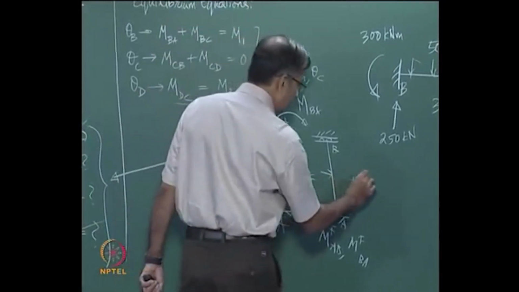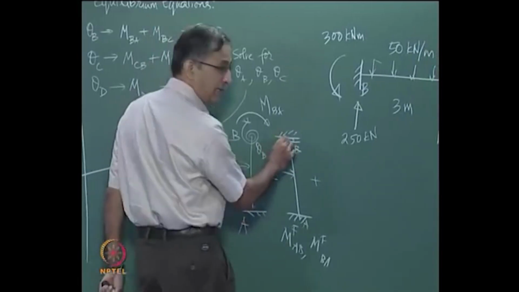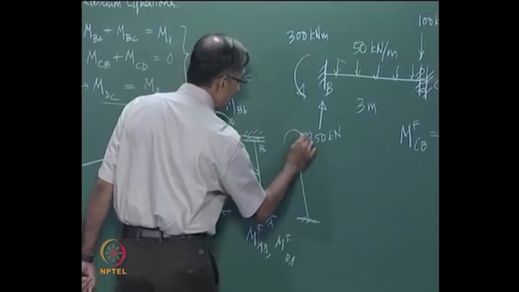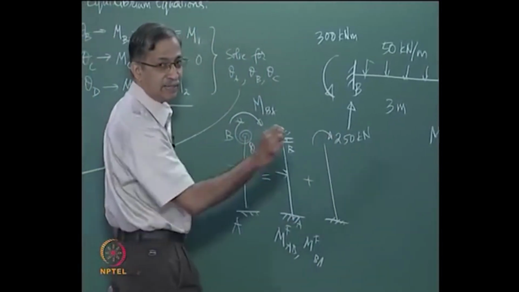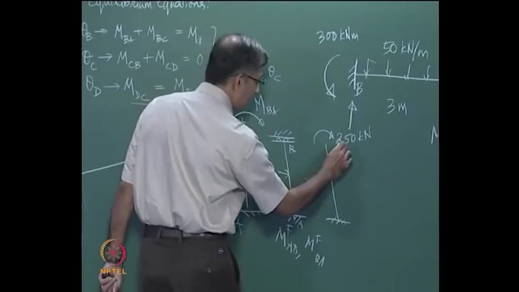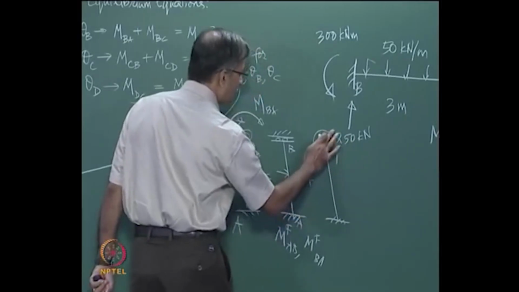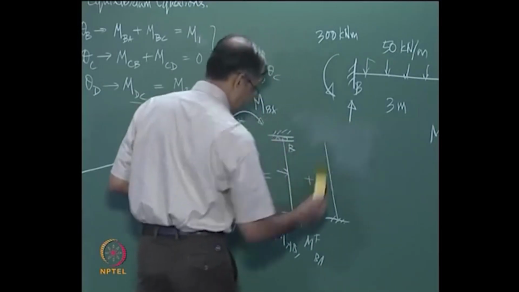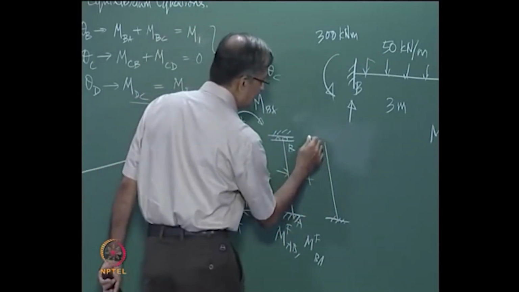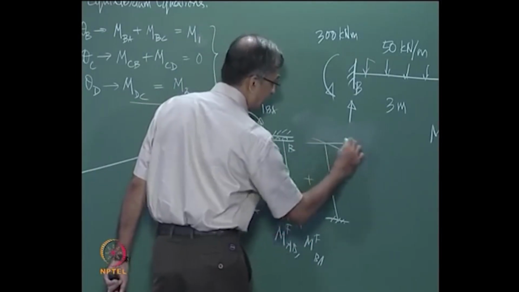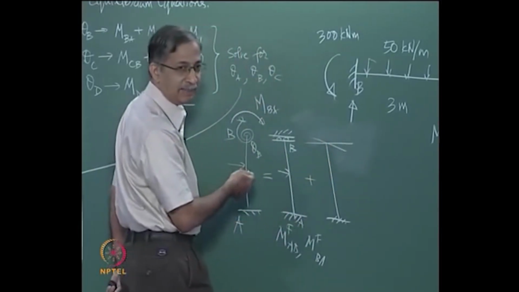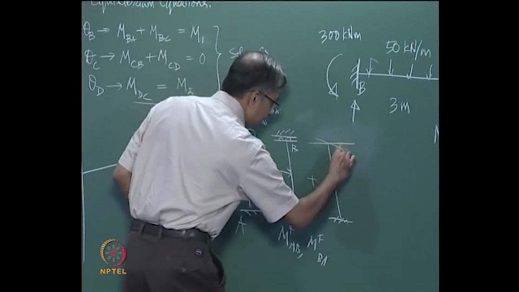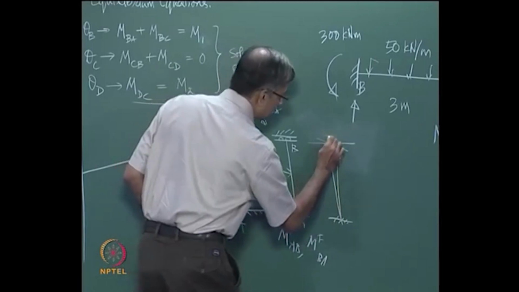Then I should release this fixity, take that beam, I am letting it translate, and I am applying theta B, or if you wish to look at it this way, I am now letting it rotate by theta B, but allowing it to translate. So the deflected shape will be, are you getting it?